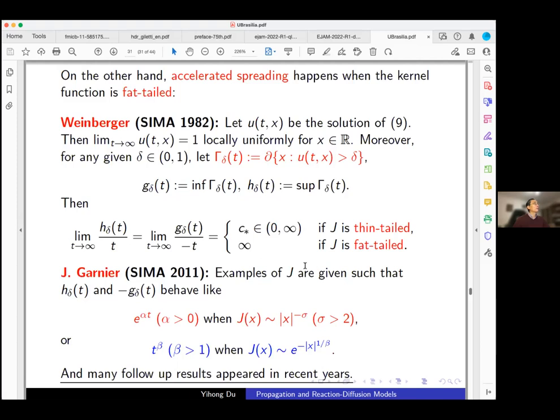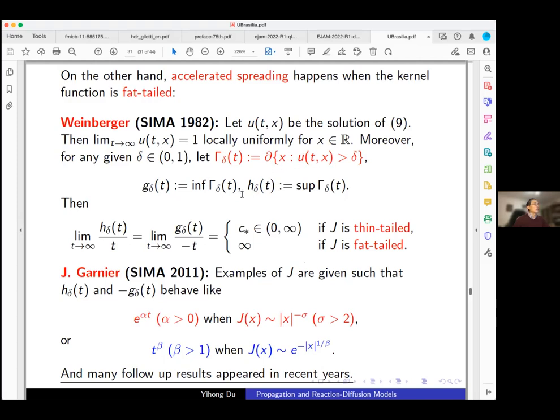What difference? For any kernel satisfying the properties we said, you can show, similarly to the local diffusion case, that the population density converges to 1 when t goes to infinity. Then you look at how the population range changes. Now you make a similar kind of assumption. You nominate a small delta. You look at the boundary of this population range.